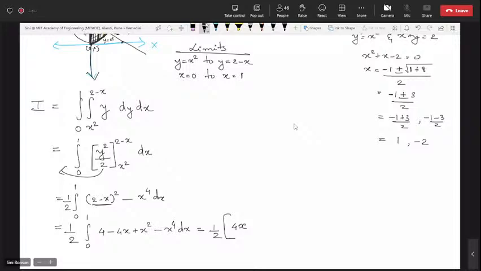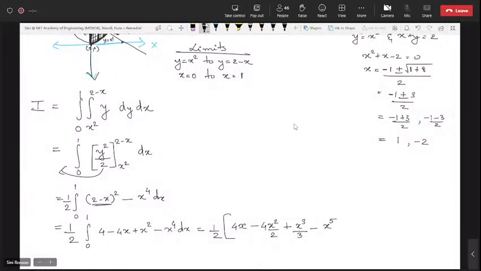Yes. माइनस 4 as it is integration of x with respect to x क्या होगा? x का इंटीग्रेशन x squared by 2. What is integration of x squared you are going to have? X cube by 3. Yes. And finally, what will be integration of x raised to 4?